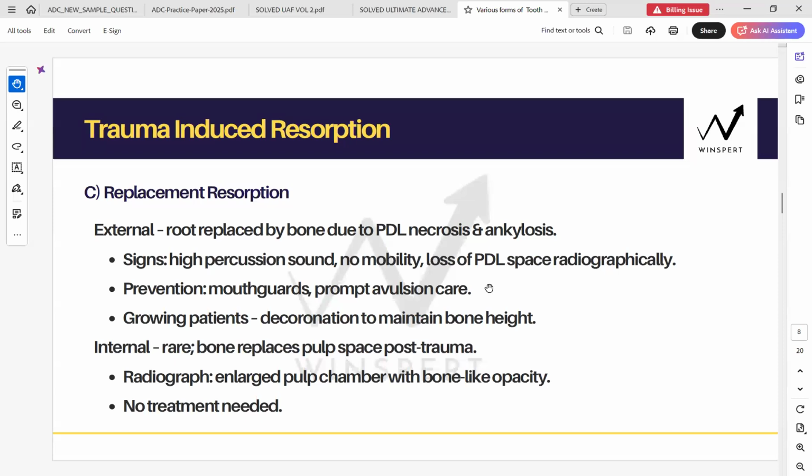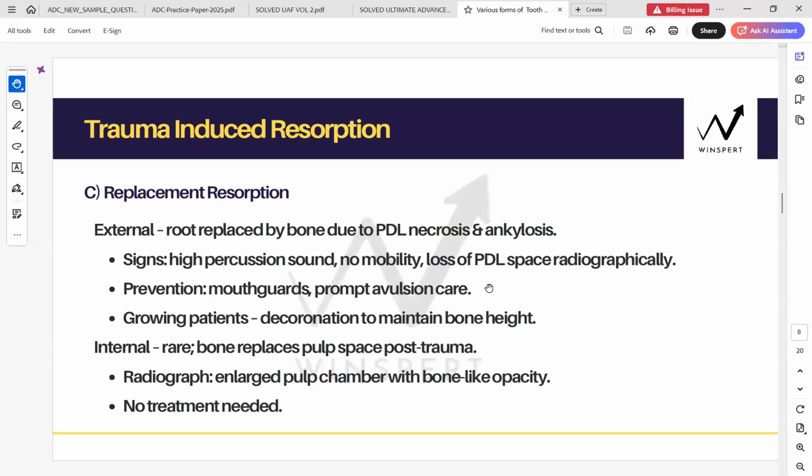To maintain the bone height and to prevent the infra-occlusion and the lack of bone growth, the management will become decoronation, right? In growing patients, decoronation would be appropriate.